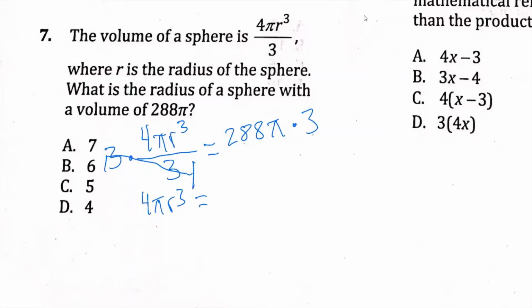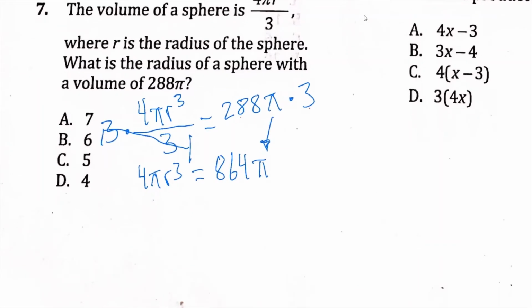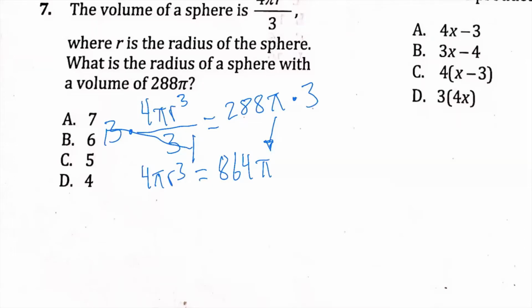Now we have 864, right? Pi, right? We don't do anything with the pi. So 864 pi.